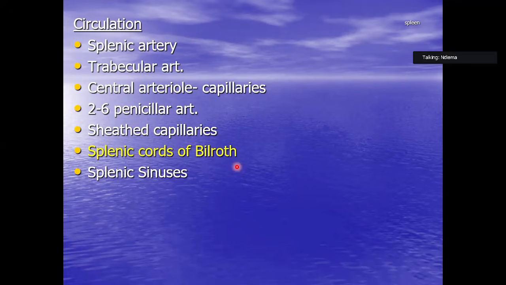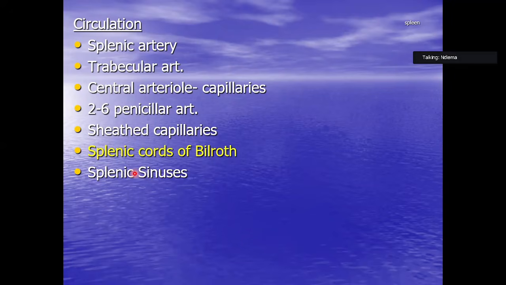We have talked about what the splenic cords of Billroth contain. We have talked about the functions of the splenic cords of Billroth as areas of filtration. And then from the splenic cords of Billroth, blood gets back into the splenic sinuses. Because remember, the splenic sinuses are lined by stave cells, which allow blood to flow back into circulation.